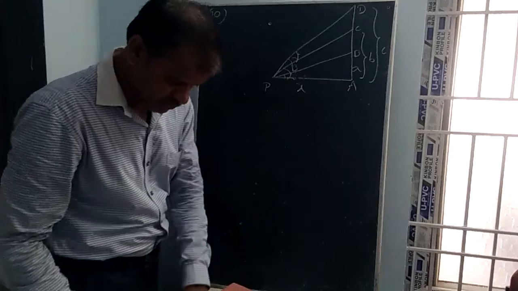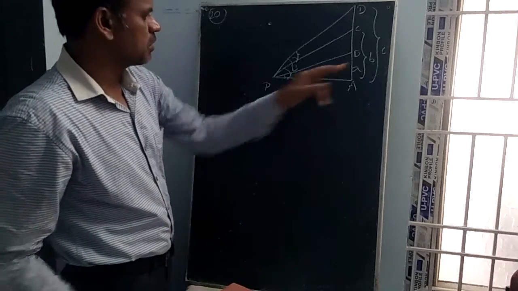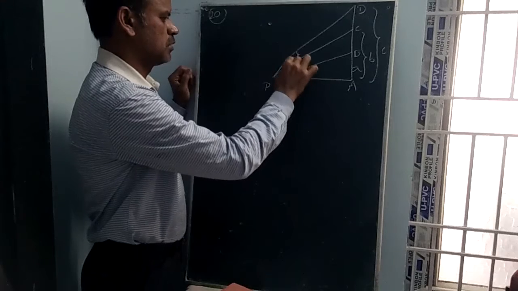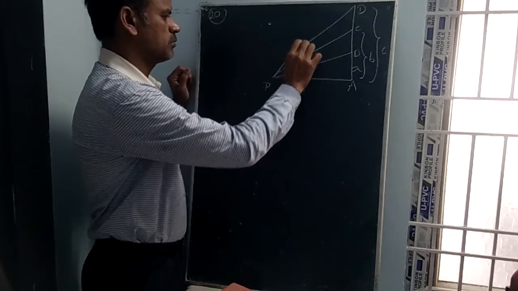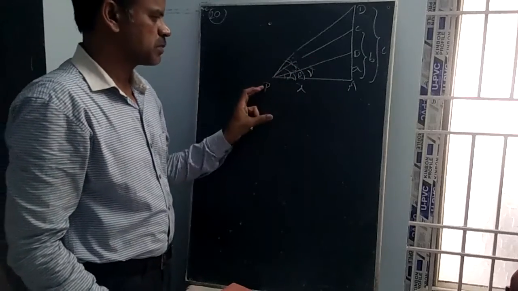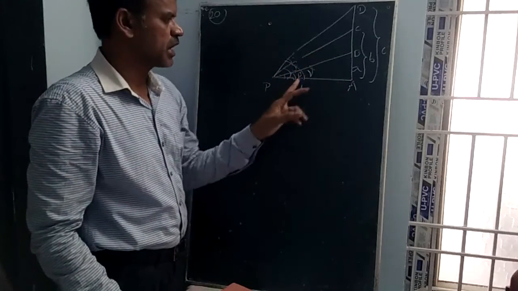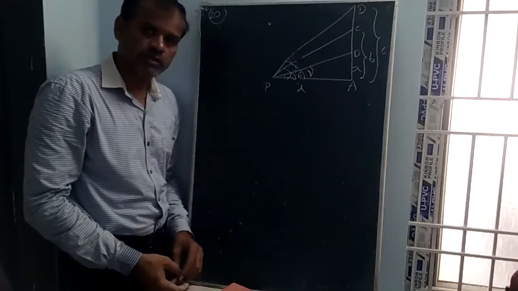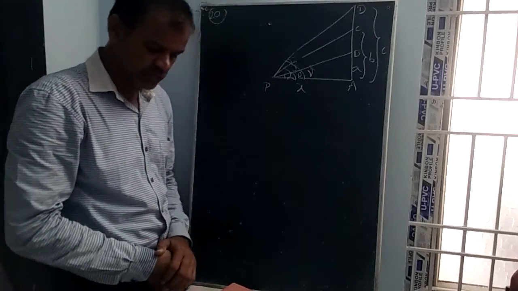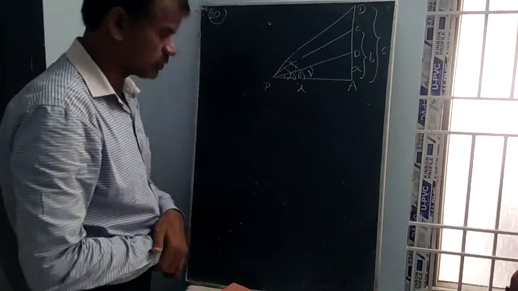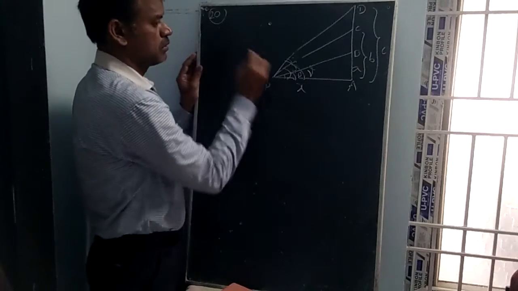Okay students, this is AC subtending angle beta, and here angle gamma. AB subtends angle alpha, AC beta, and AD gamma. The condition is given as alpha plus beta plus gamma is equal to 180 degrees. Then what is the value of (a plus b plus c) into x square? This is an important question for both entrance tests.